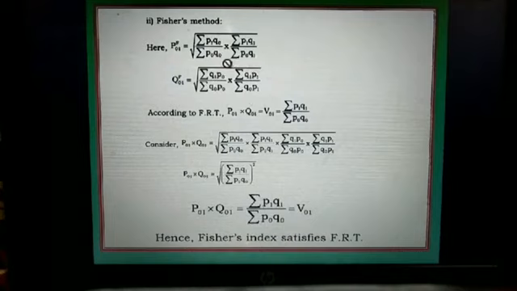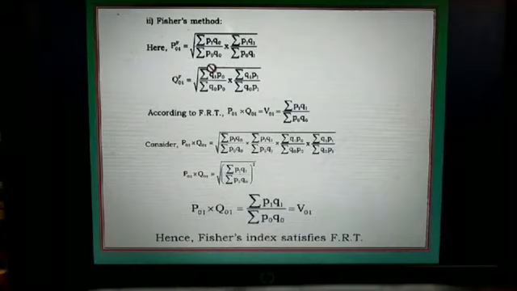In terms of the time reversal test, we used to interchange 0 and 1 by keeping P and Q as they are. But it is the factor reversal test. That's why P and Q are to be interchanged, and we need to retain 0 and 1 as they are. Once after performing that, we will get price as well as quantity index numbers.